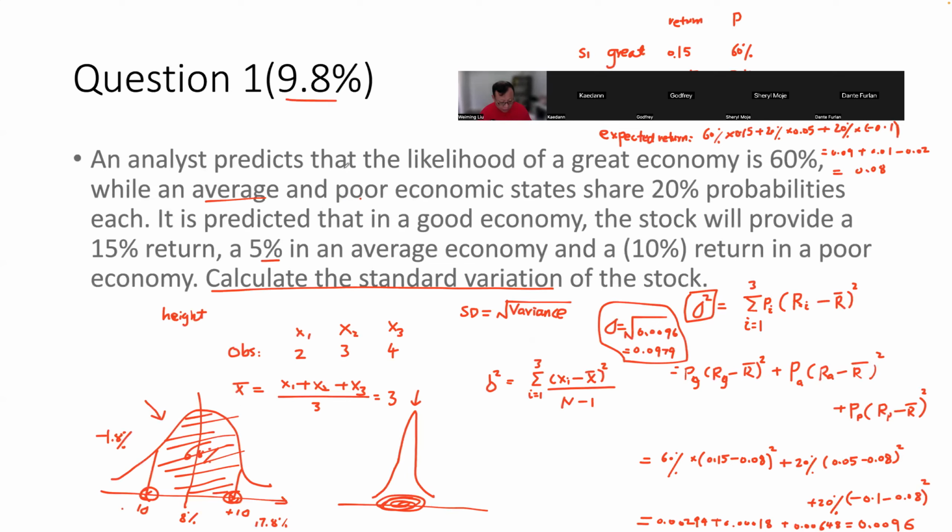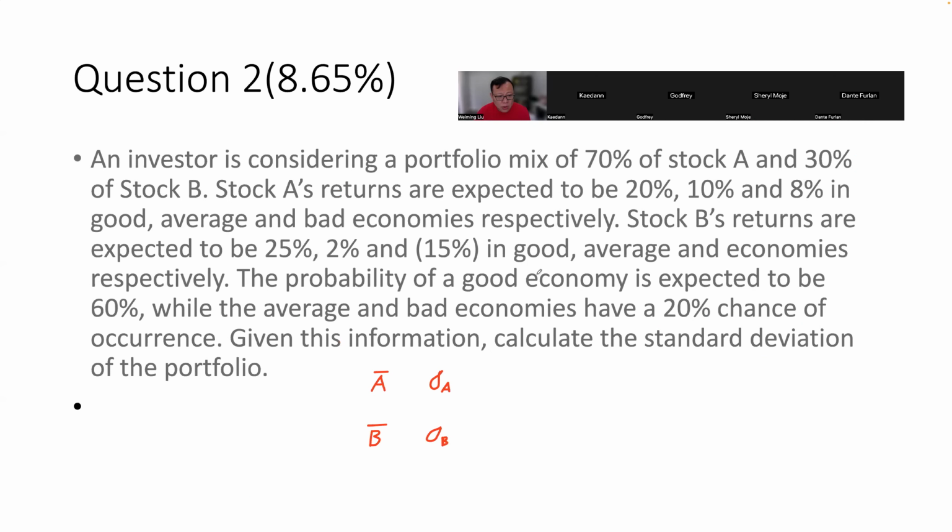So I will do this. Let's take a look at A. For A, I will go weight, good times A good, plus probability average times A average, plus probability poor, bad, probability bad times A bad.